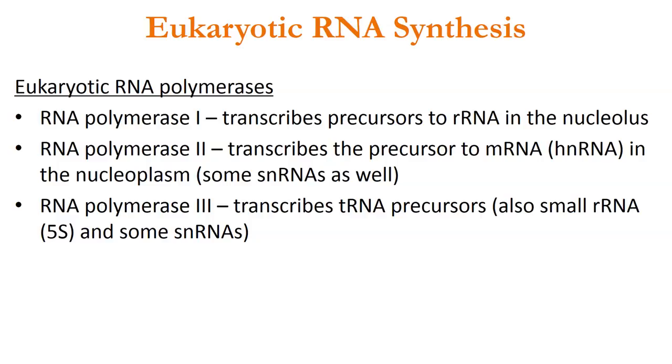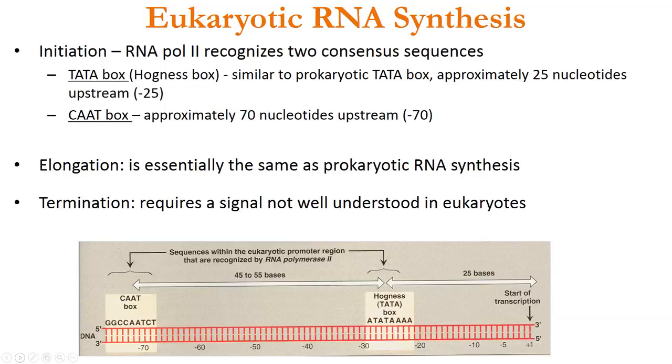That's true. But what you need to know is the part that's not in parentheses here. So RNA polymerase 1, ribosomal RNA, RNA polymerase 2, messenger RNA, RNA polymerase 3, transfer RNA. Okay, that's what you would be expected to know on a board exam or for my exam.